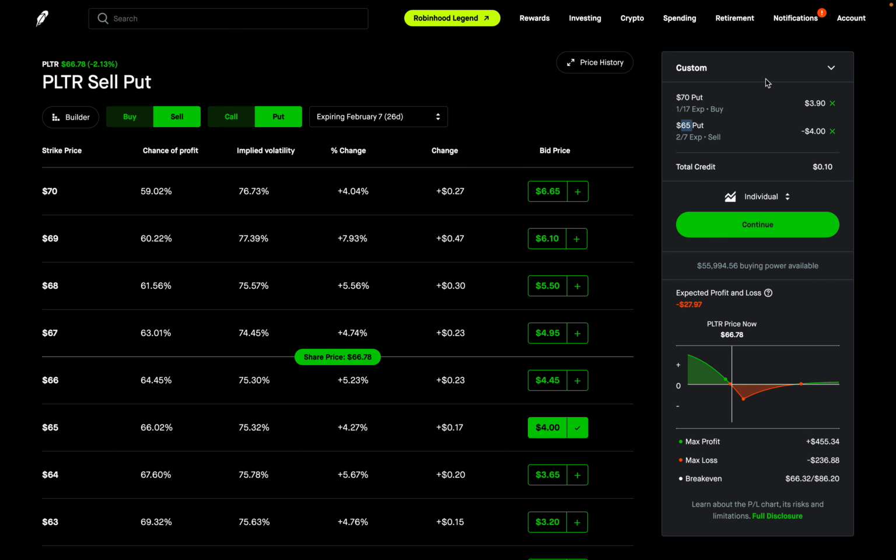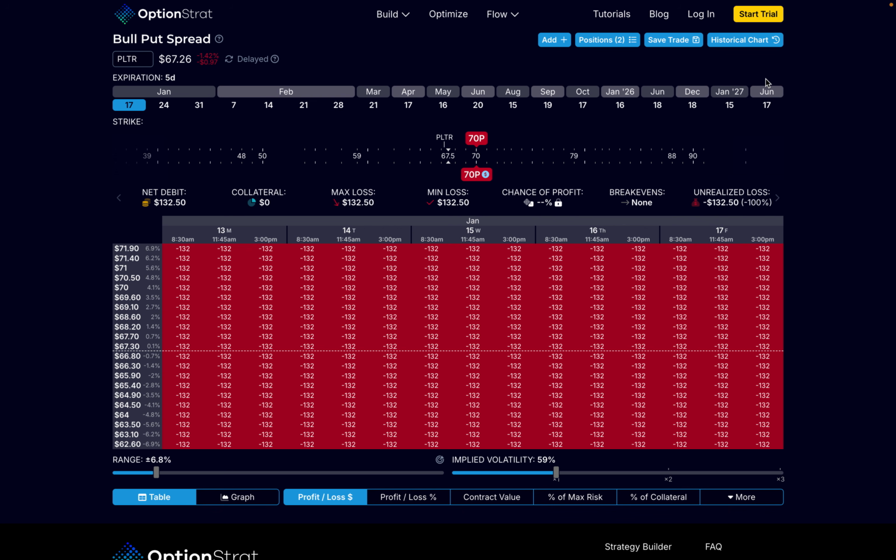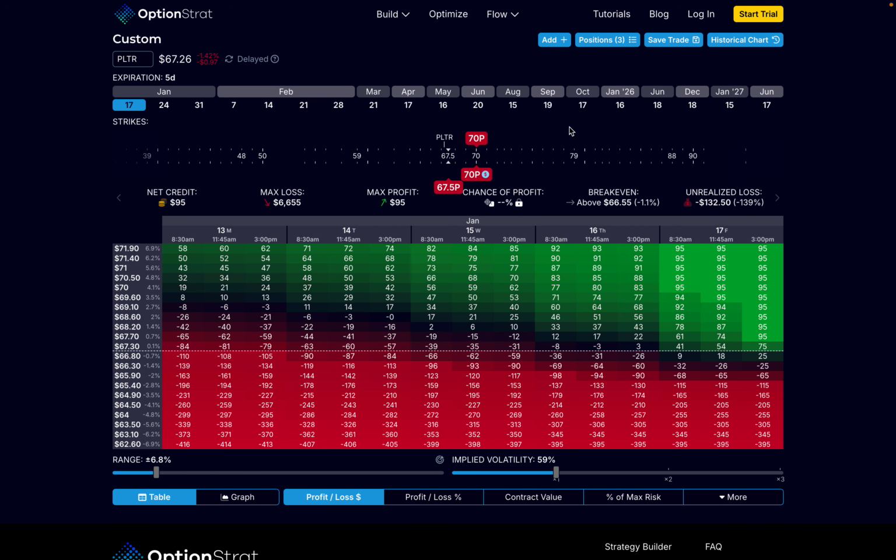There's a couple of different benefits to this. Let's visualize it to see what this would look like. Let's go back to OptionStrat. Again, we're closing the put that we sold. We're down $132. But now I can roll this trade and sell another put with a further out expiration and a lower strike.